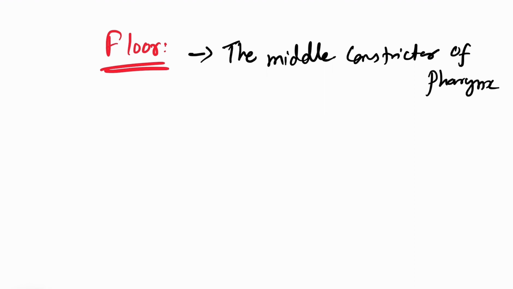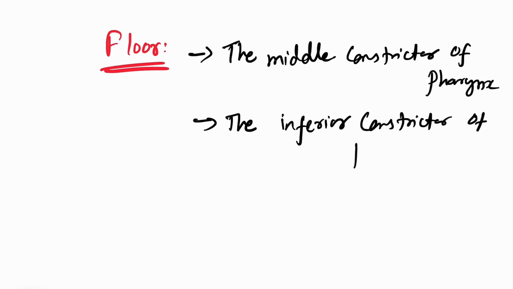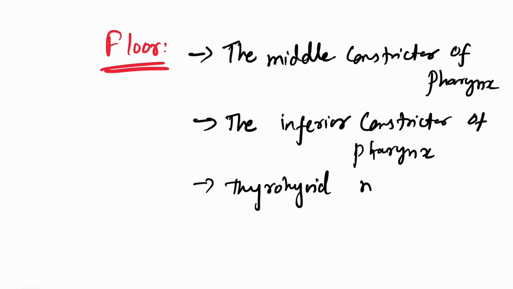Also we can see the inferior constrictor of the pharynx. Then even the thyrohyoid membrane is visible. So these are the structures which form the floor of the carotid triangle.